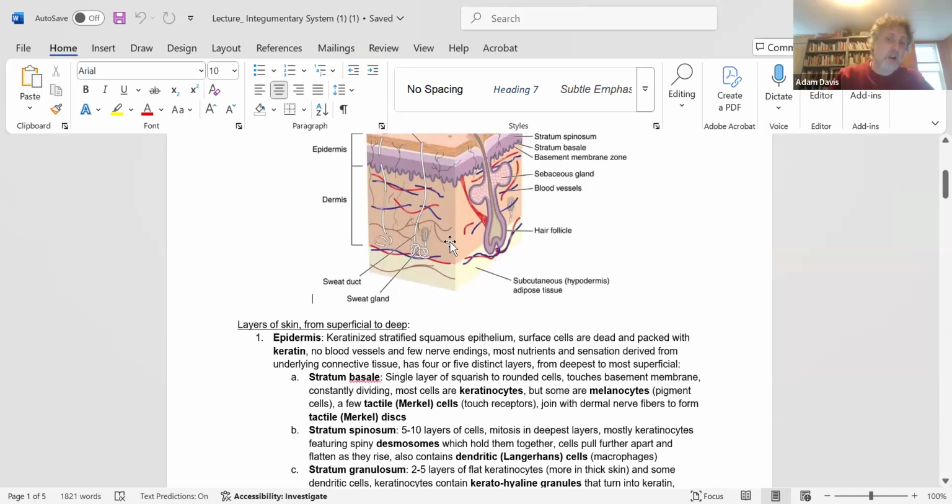Now, the reticular layer of the dermis is mostly going to consist of protein fibers. Lots of collagen down here. Lots of, as you might have guessed from its name, reticular fibers down here. This is going to be mostly a dense, irregular connective tissue.